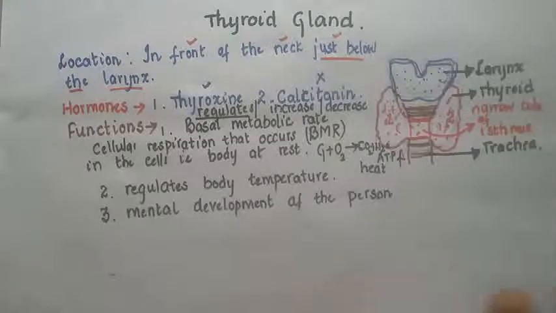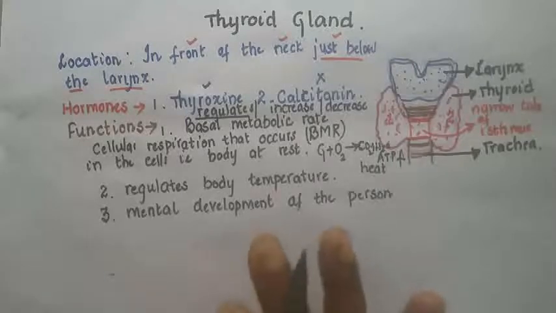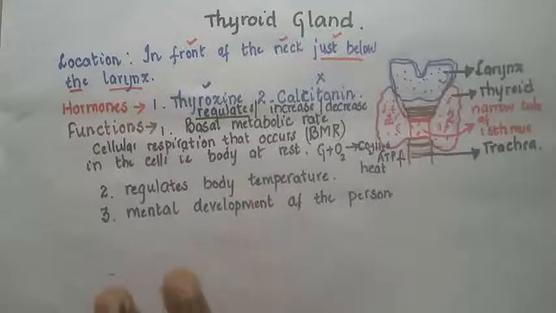This increase in the ability of your brain is because of an increase in the number of synapses, the number of myelin sheaths, or the number of dendrites, due to which there is an improvement in your mental ability, right? This improvement in the mental ability is actually brought about by the thyroxine.